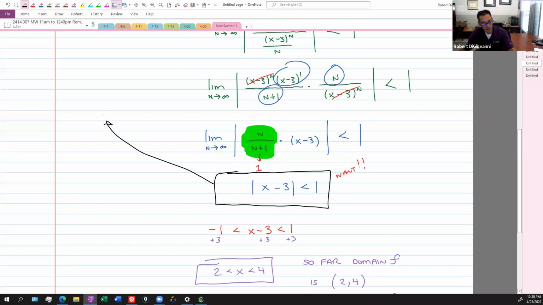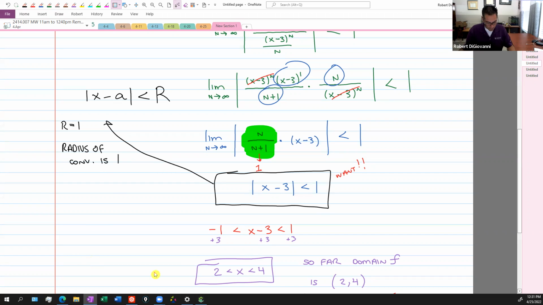Do you all see that that looks like absolute value of X minus A is less than some capital R, some number? Here, A is 3. And for us, the capital R would be 1. So R is 1 here. So we would say that the radius of convergence is 1.